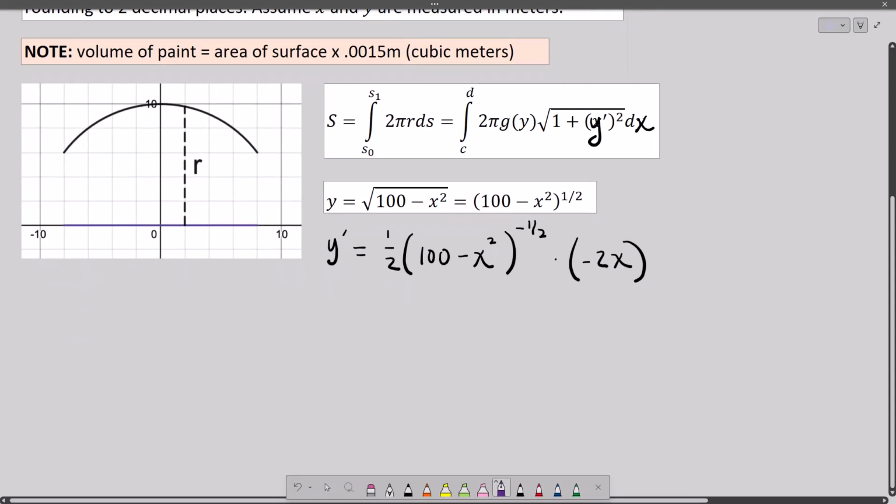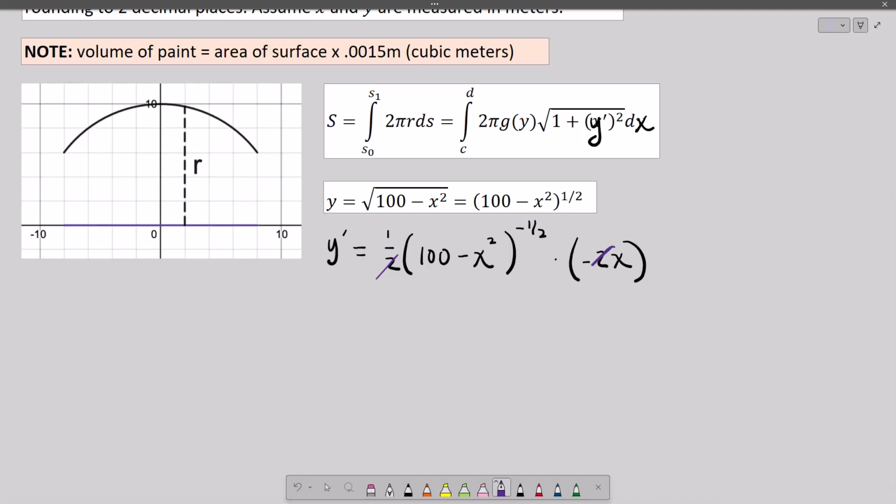We can simplify a little bit. We see this 2 here and that 2 there. One's in the numerator, one's in the denominator, so we get some cancellation. So I'm seeing -x divided by the square root of 100 minus x squared. So there is our simplified y prime.